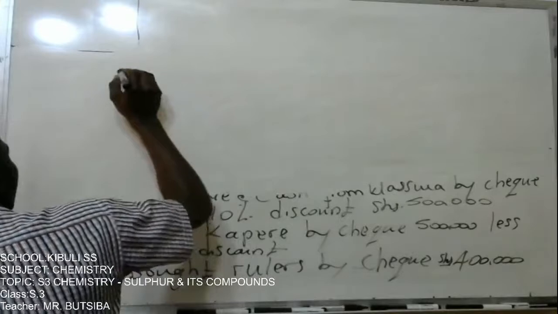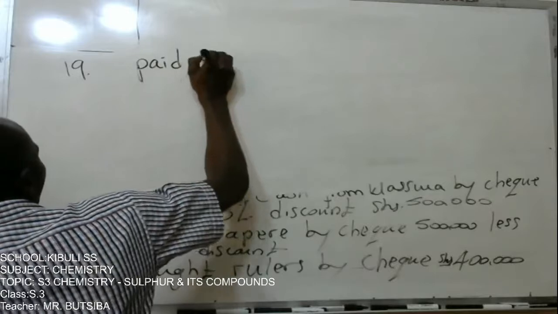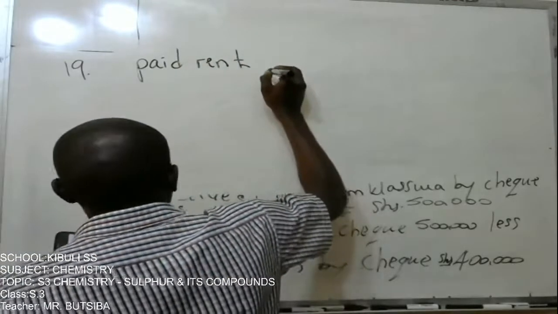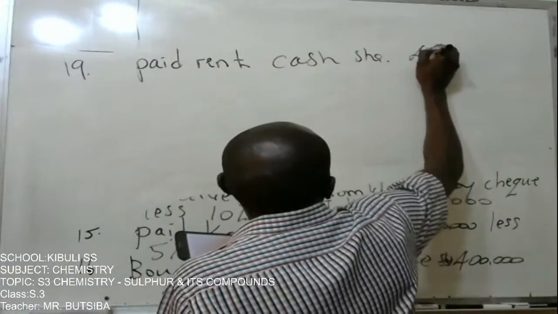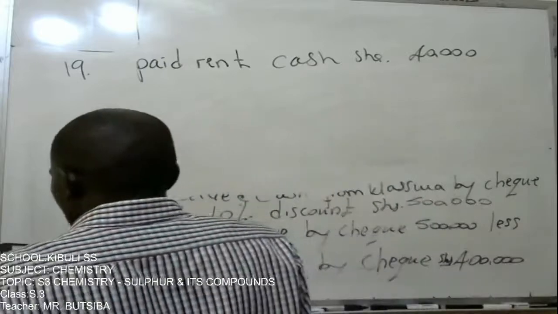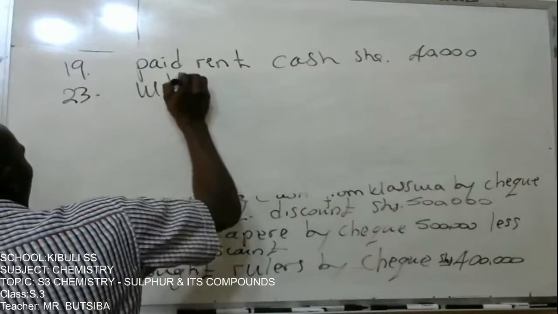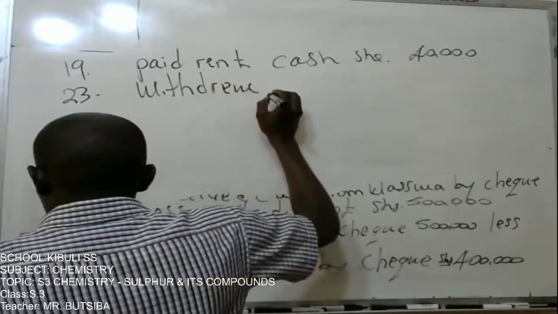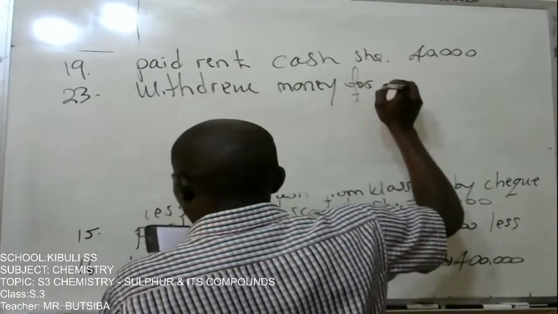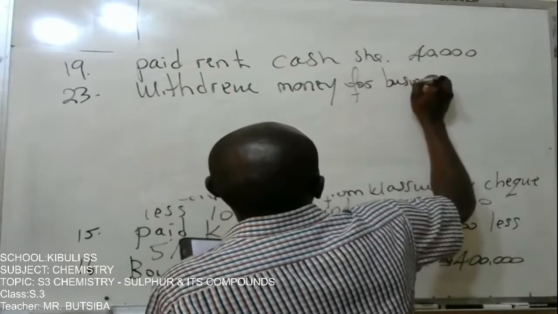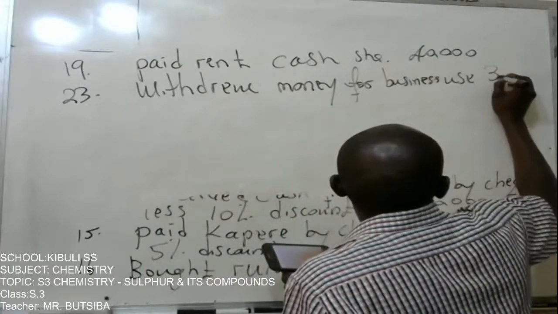Okay, then on 19th, says paid rent, cash, shillings 40,000. Then on 23rd, says withdrew money for business use, 300,000.